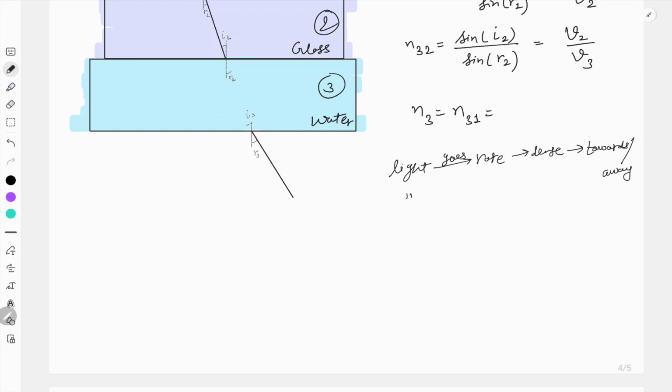And if the same thing goes from a dense medium to a rare medium, will it go towards the normal or away from the normal?